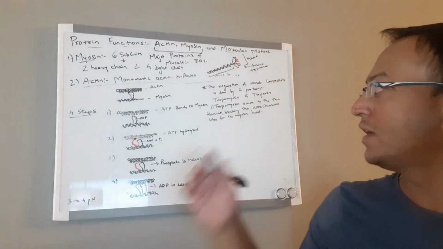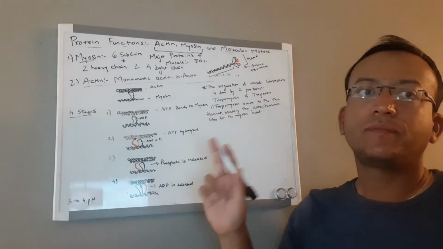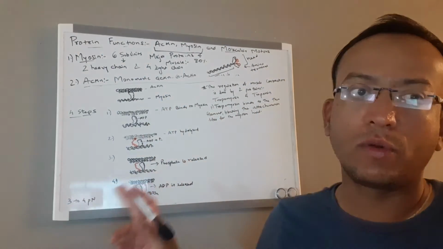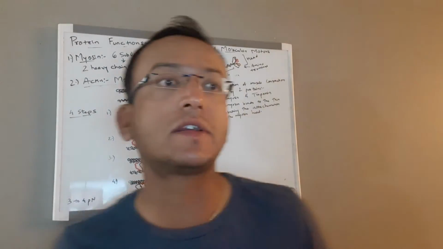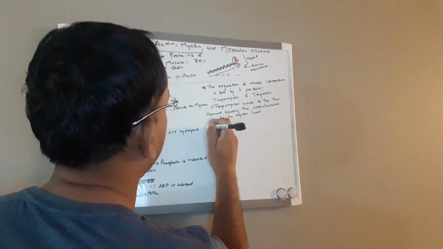So this is how it regulates the muscle contraction. This is the tropomyosin. And the troponin is a calcium binding protein.